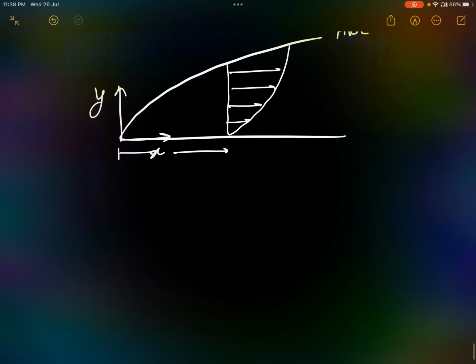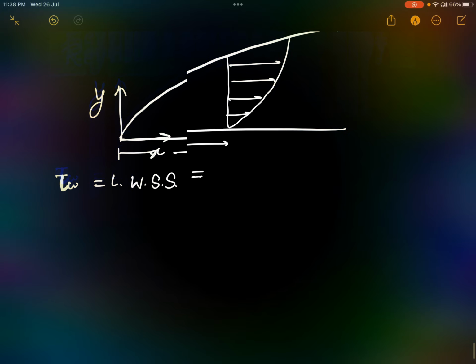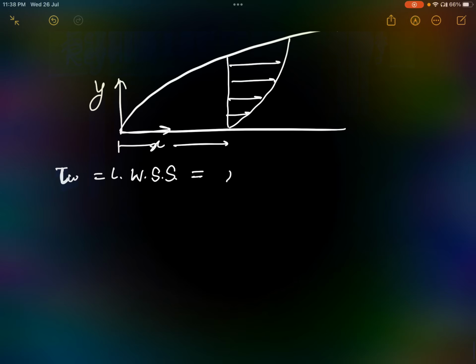Now, let's say tau W is our local wall shear stress. And how can we define it? That will be equal to mu del u by del y at y equal to 0.